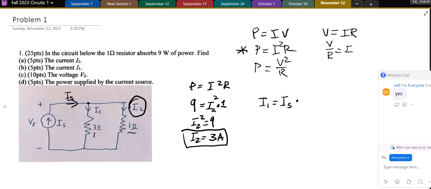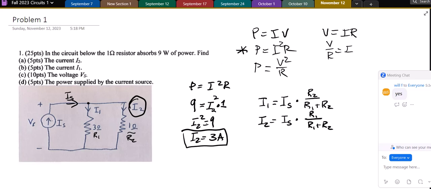I'll label these, for right now, R1 and R2, so I'll just have the formula here. I1 equals IS times R2 over R1 plus R2, and I2 equals IS times R1 over R1 plus R2.